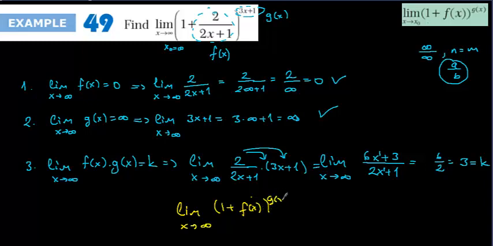If all conditions are satisfied, it's going to be equal to e to the power of k, which is 1 plus limit x tends to infinity, 1 plus 1 over 2x plus 1 to the power of 3x plus 1, it's going to be equal to e to the power of k, which is equal to 3 for the question.